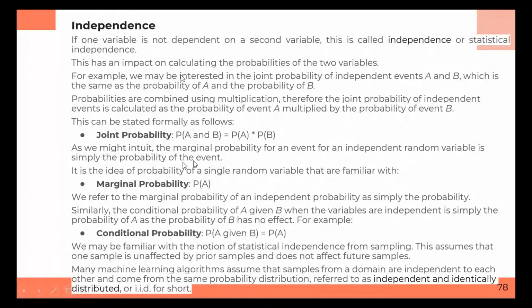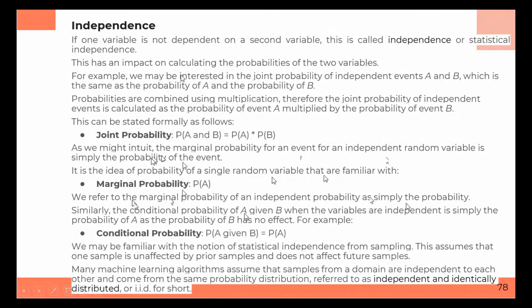We might include the marginal probability of an event for an independent random variable, which is simply the probability of the event. The marginal probability is the probability of a single random variable that we are familiar with. We refer to the marginal probability of an independent variable as simply the probability.